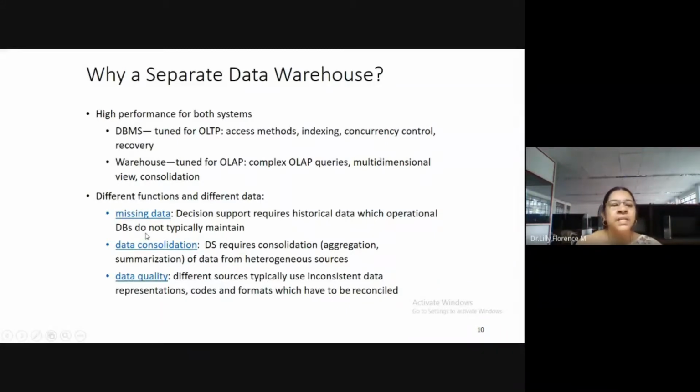Next, data consolidation. We can consolidate various sources of data in a data warehouse, but there is no consolidation in a DBMS. Then the quality of data. The quality of data is very good in a DBMS, but the quality of data in a data warehouse is again a question mark. So these are some of the differences between a data warehouse and an operational DBMS.